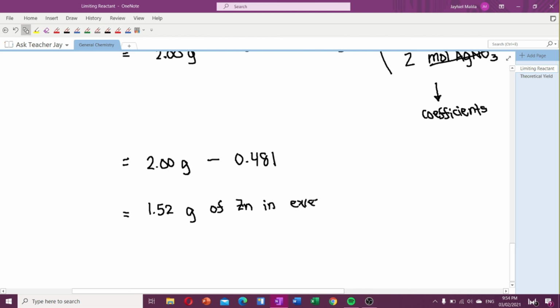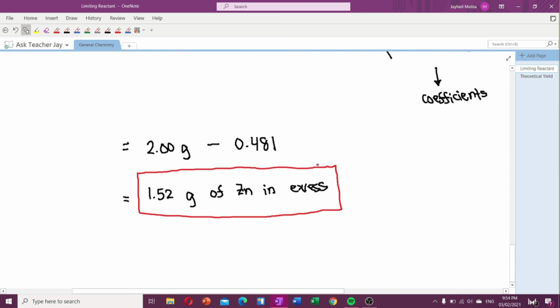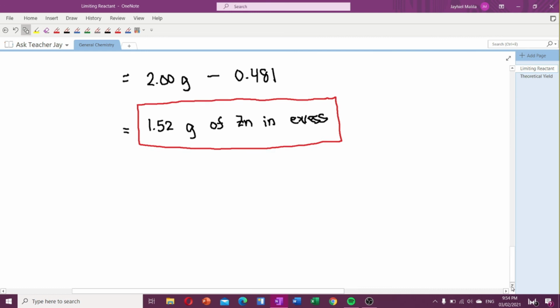All right. So we are now done with our problem. However, I need to add something just to show the conservation of mass in this stoichiometry problem.